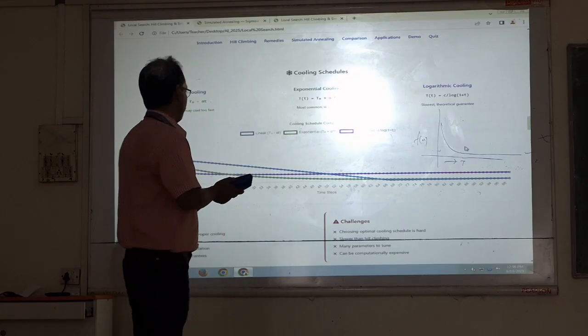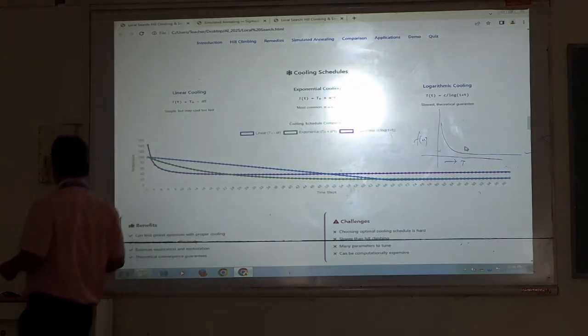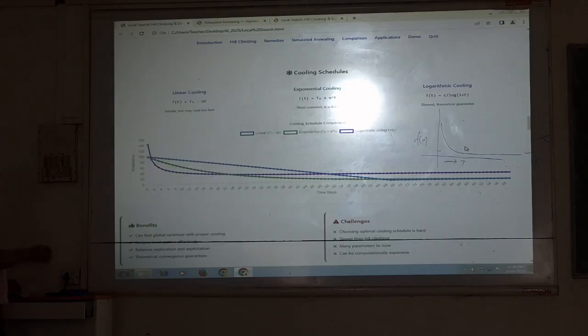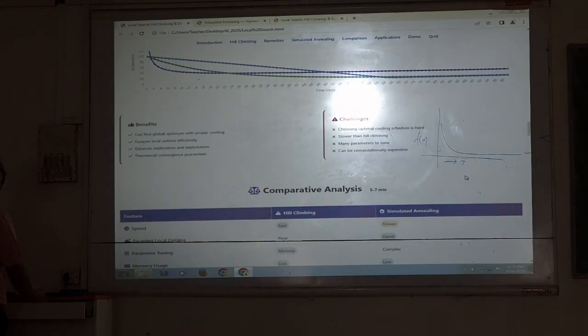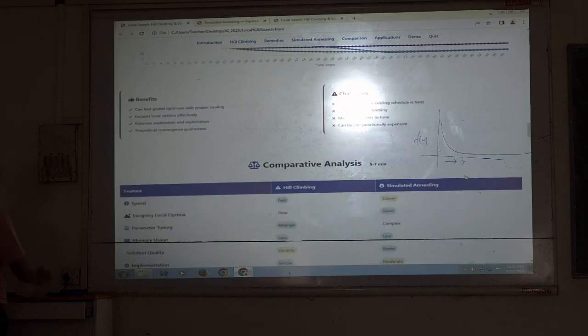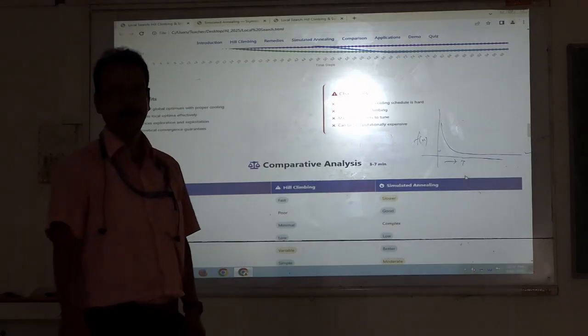Clear? So that is enough for today. I am not going to take the numerical examples, but I think you can go through these benefits and challenges, which will make the idea more clear.